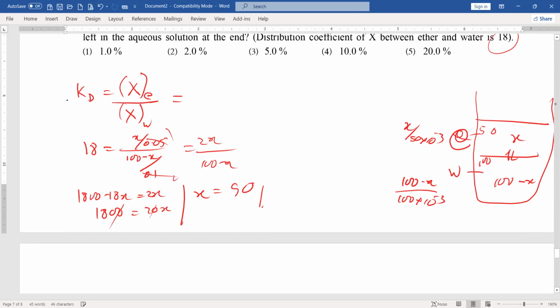The percentage is 90. So the remaining amount is 10. If we have 100, the remaining amount is 10. Now we have 10 in the aqueous layer and y amount will be migrated to the ether layer. So 1/10 will remain.